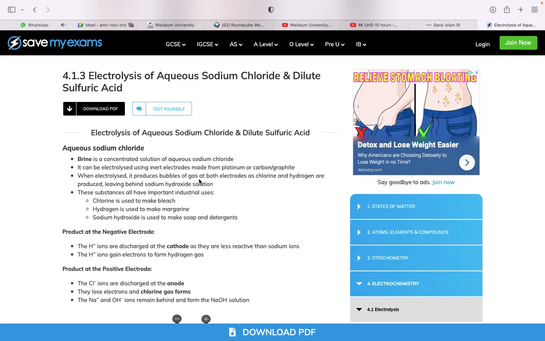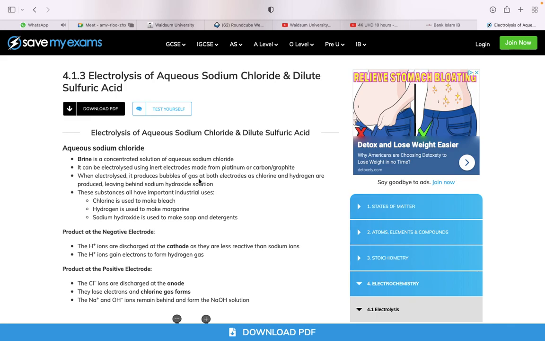So when electrolyzed, it will produce bubbles of gases at both electrodes, chlorine and hydrogen. Chlorine is a gas, hydrogen is a gas, so these 2 gases will be produced. Now, in this case, why is it hydrogen that goes to the cathode, not sodium?